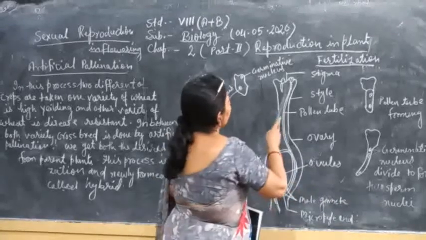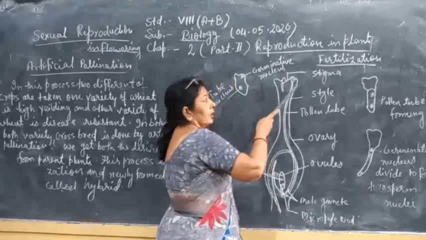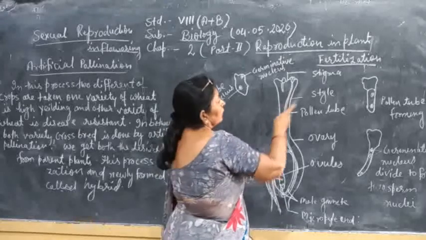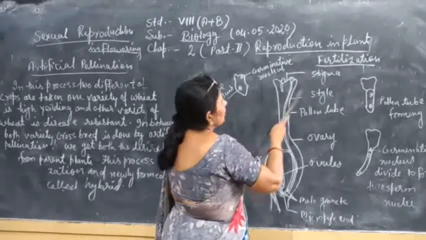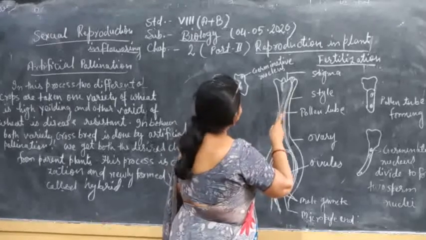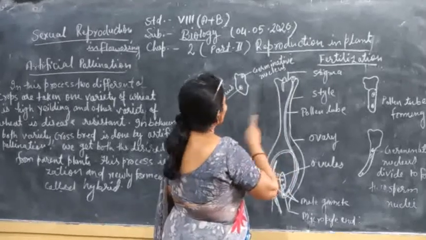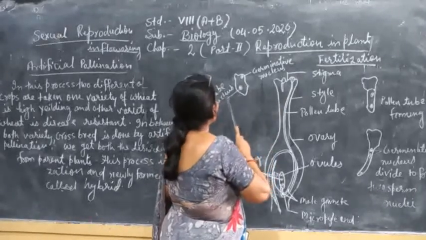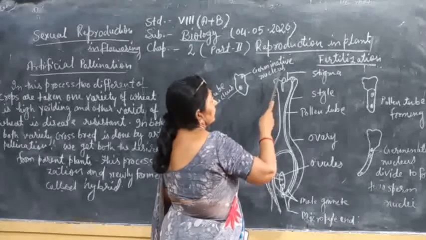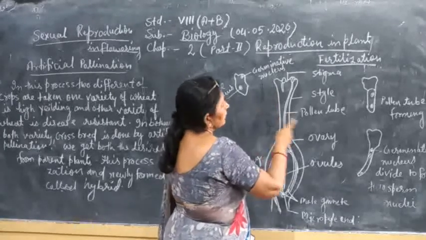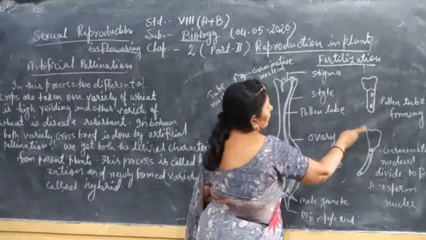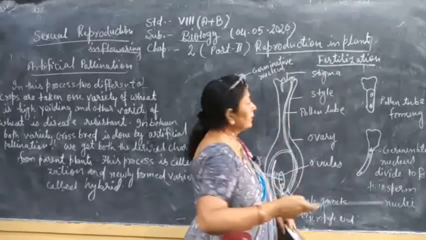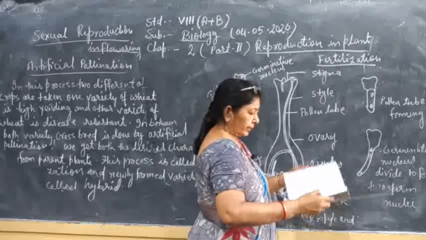I repeat again: when pollen grains are deposited on the stigma, they absorb water and nutrients, and two nuclei are formed, the tube nucleus and the germinative nucleus. The tube nucleus grows and forms the pollen tube, and the germinative nucleus divides and forms two male nuclei.